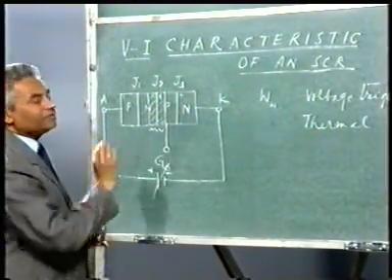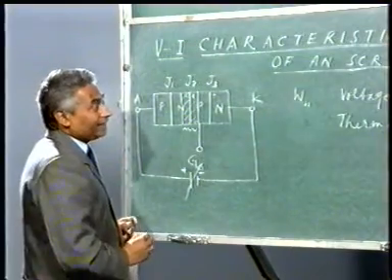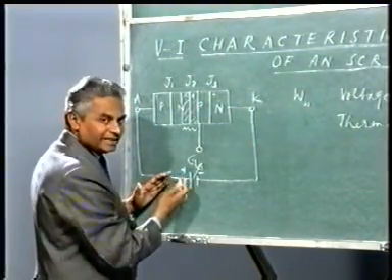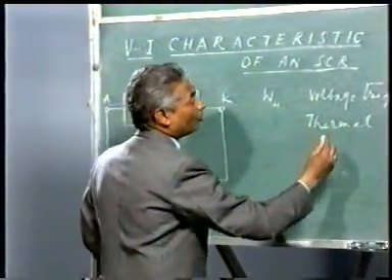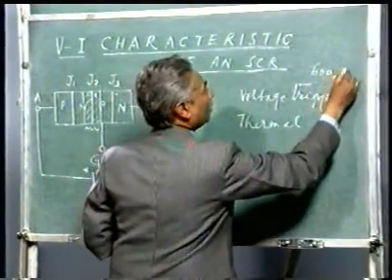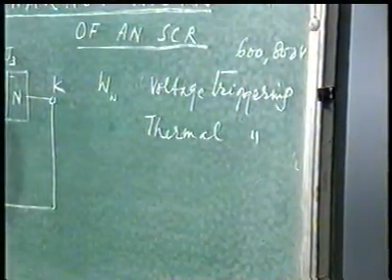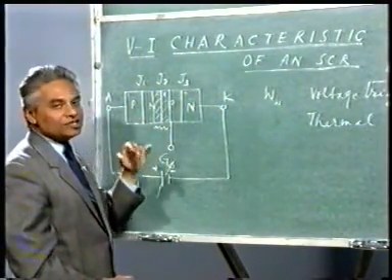But both of these methods are not very popular, because in voltage triggering we are increasing the voltage and we have to go to a very high voltage, say 600 volts or 800 volts, and at that particular voltage this device is going to conduct, and doing it at that high voltage has no meaning.